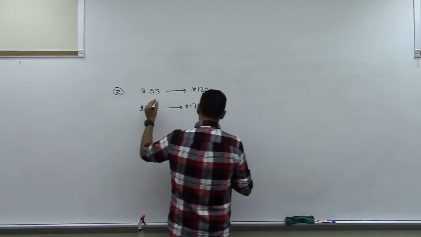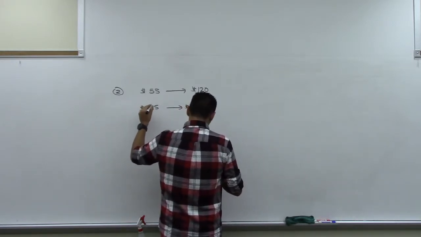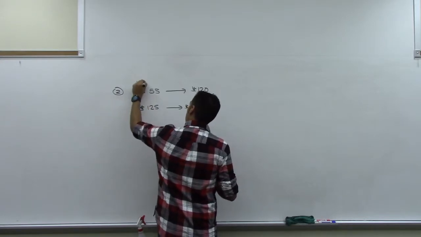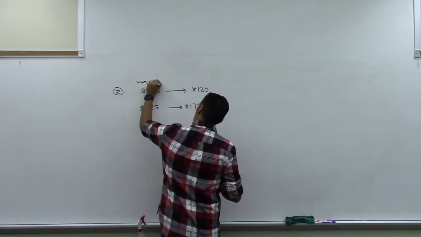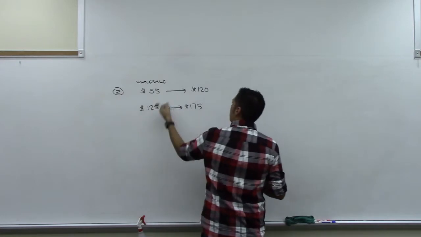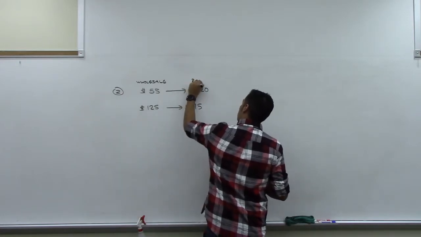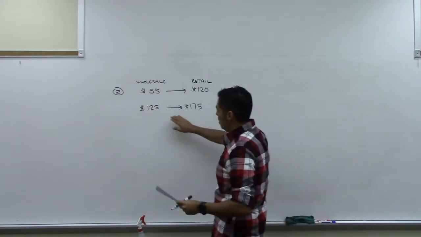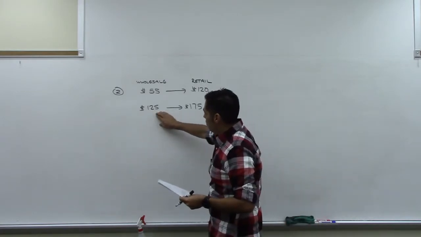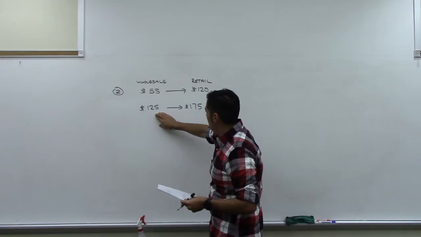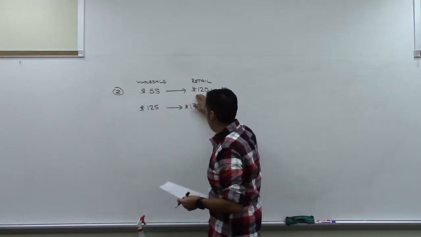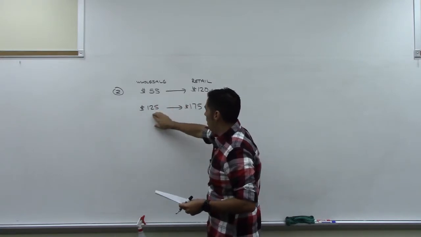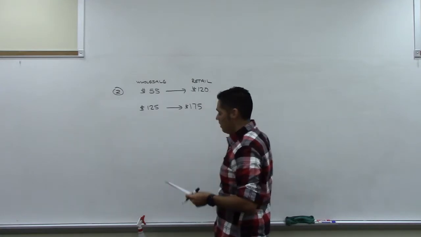So this is the wholesale price. Then they mark it up to the retail price. That's how much the customer is going to pay. This is how much the drugstore pays for this drug, and then they mark it up to 120. They buy it for this much, and they mark it up to 175.